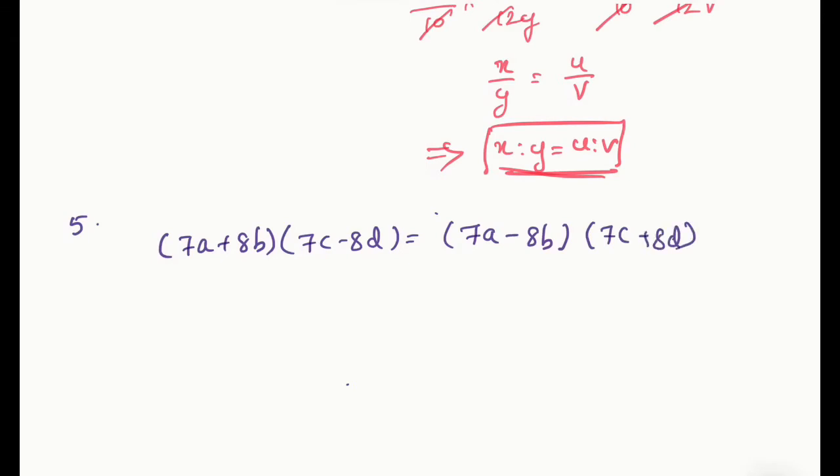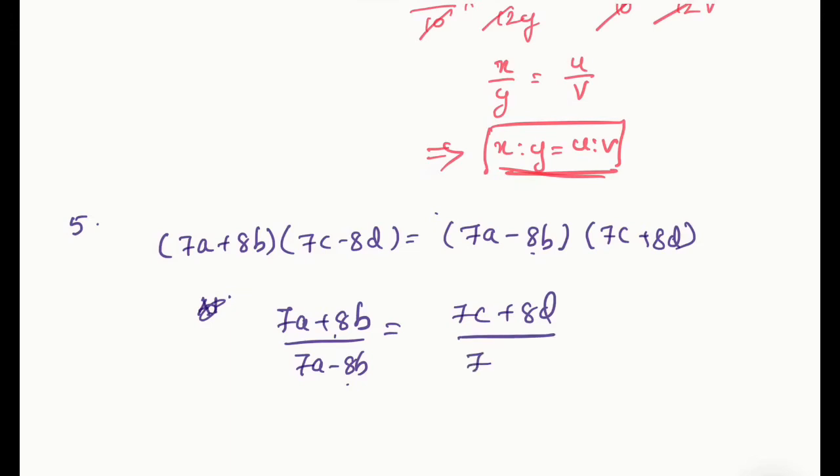Okay. So this can be again using alternendo itself. I can use it, or I can write one below the other. How can I write it? I can write this as 7a plus 8b, this I'll take it down, so I get 7a minus 8b equal to 7c plus 8d by 7c minus 8d.